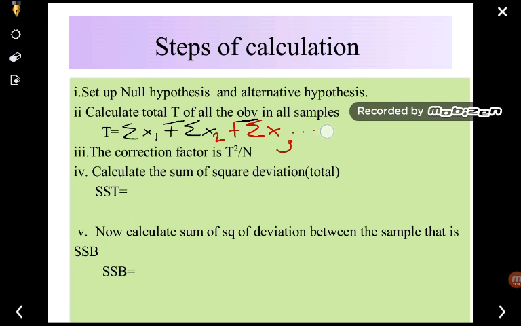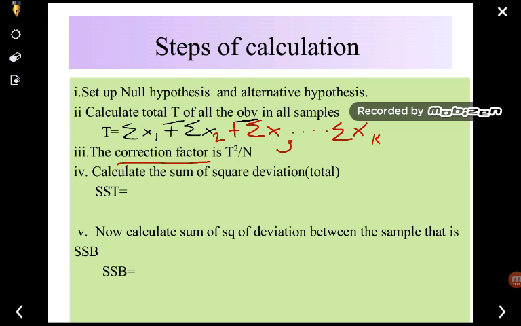Similarly, we have to calculate till the summation of xk. For the number of observations given, we have to find the summation of all the variables.